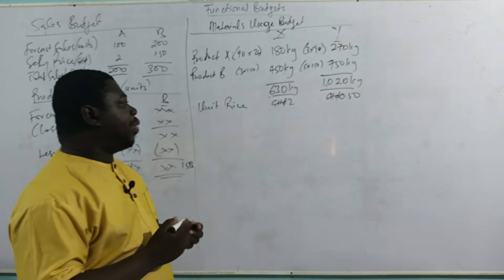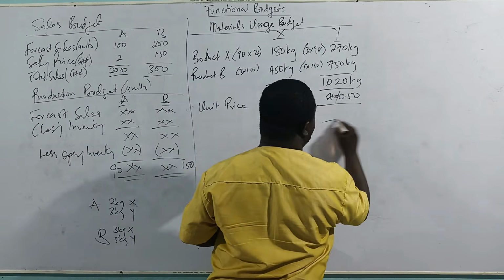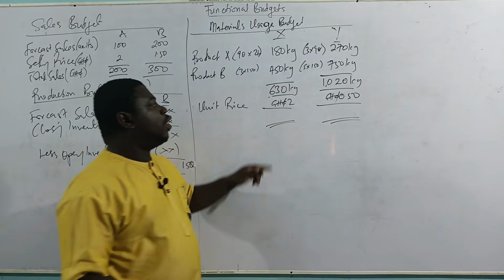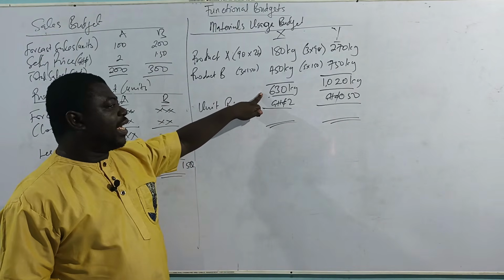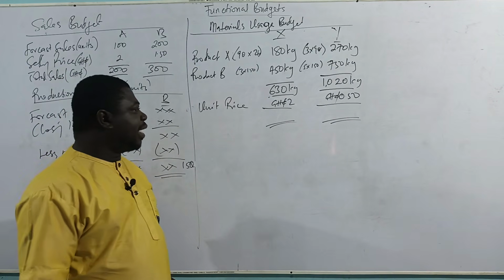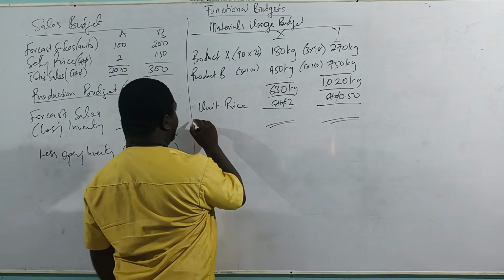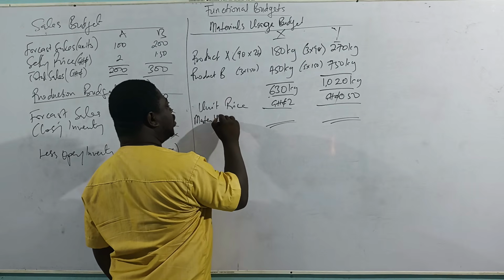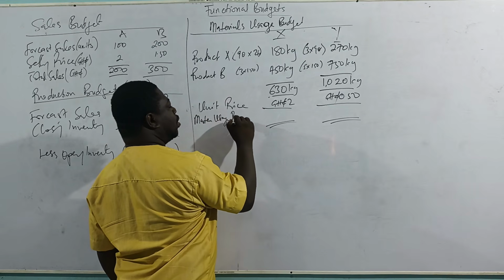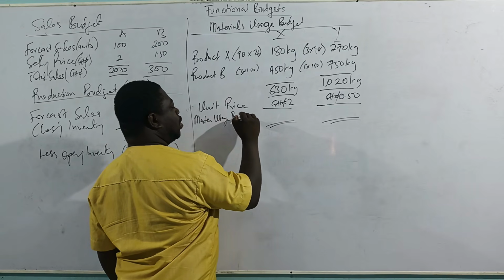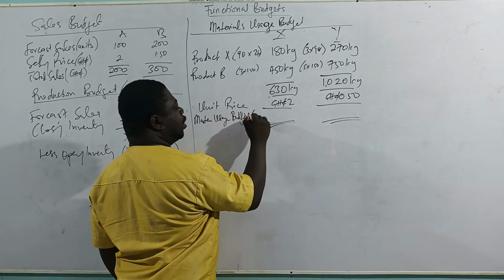Okay, so when it happens, we can multiply the total units or total kg by price per kg, and that gives us the materials usage budget in value.